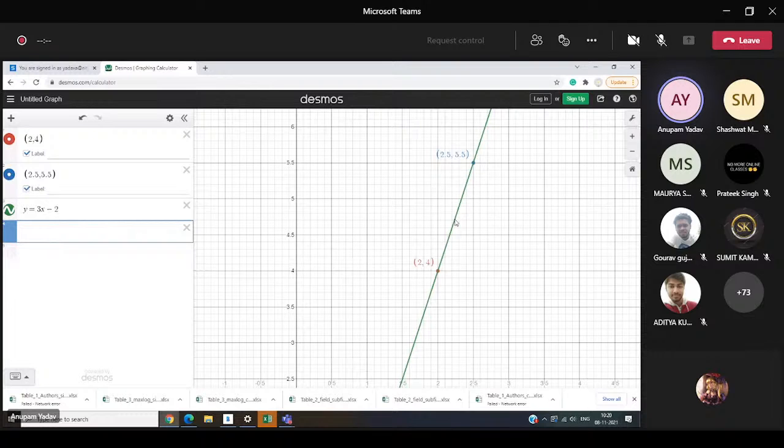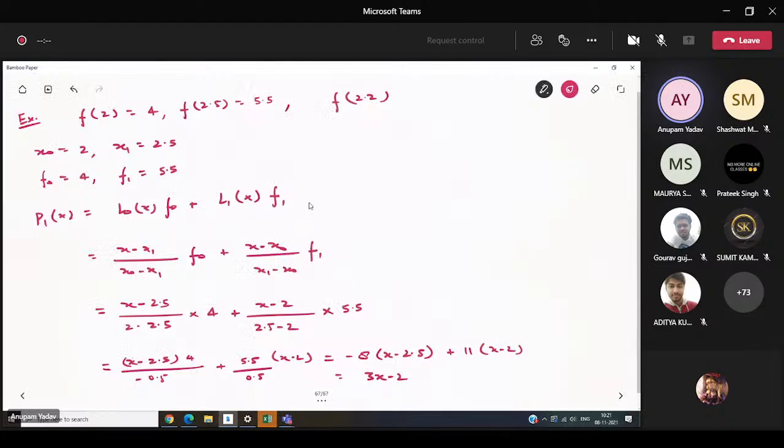Now we can use this method to get the value of f at any point between these two. Because we needed f of 2.2, you can pass it, sorry, P1 of 2.2.